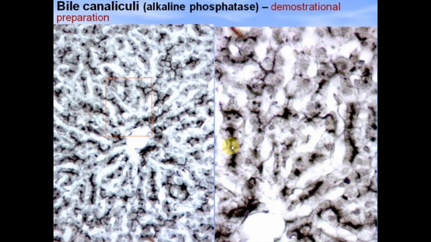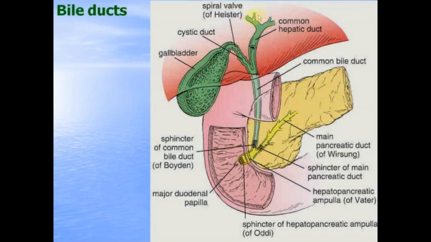Bile ducts start from interlobular ducts, then fuse to segmental ducts, left and right hepatic ducts, which continue to the common duct, which releases bile into the duodenum, or the bile can flow partly through the cystic duct and accumulate in the gallbladder.